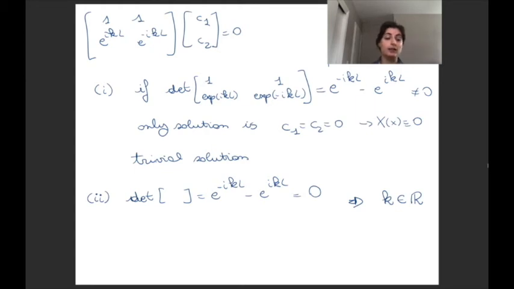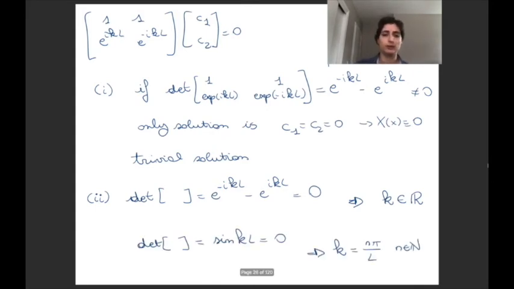In order for this equation to be satisfied, k needs to be real. Actually, we need something stricter, because what we need is the sine of kL being equal to 0. So if you solve for it, you actually find discrete values of k being n pi divided by capital L for any natural number.